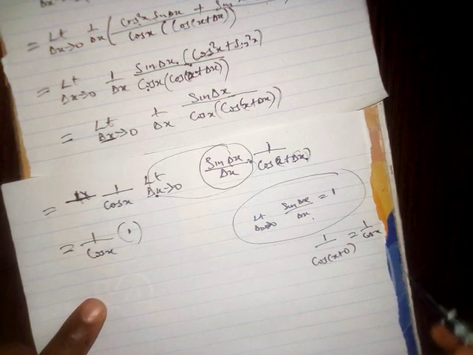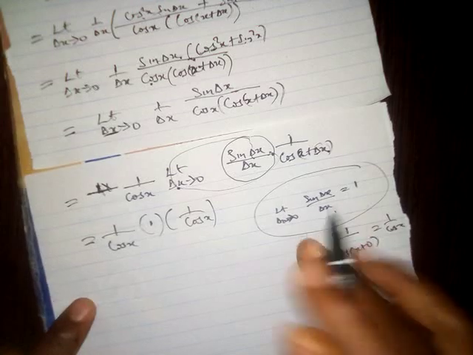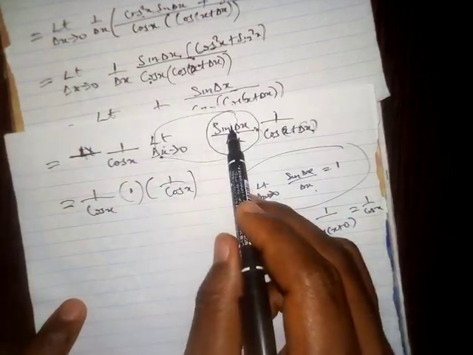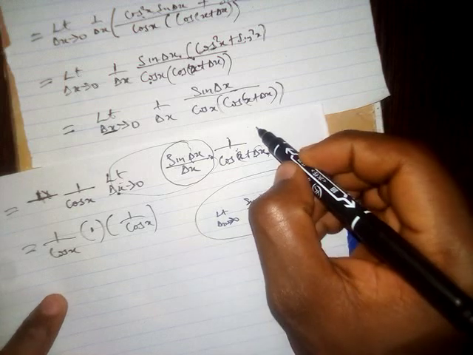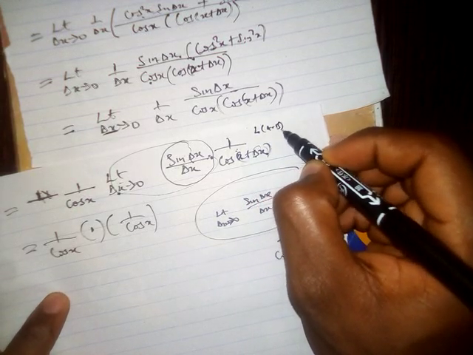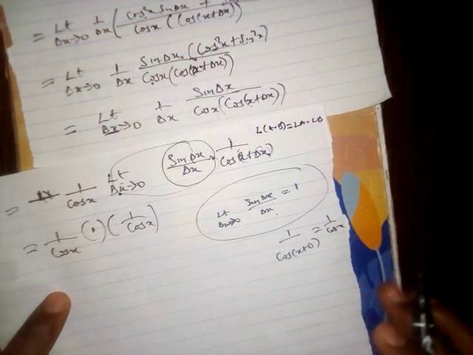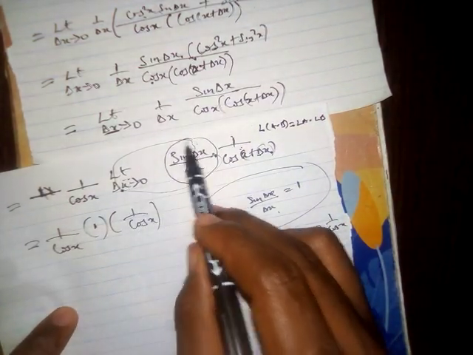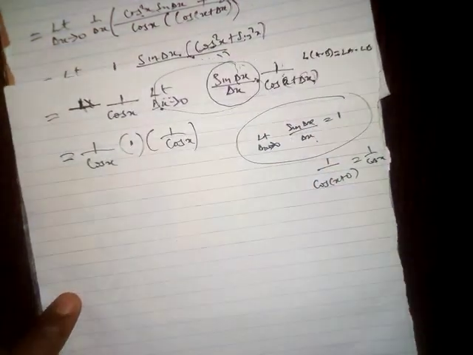So we are going to have this as times 1 over cos x. Now some of you might be wondering, why did I do the limit of this and the limit of this, and these two are multiplying? Remember your limit rule. If you have the limit of a times b, it is simply the limit of a times the limit of b. That's why I was able to do the limit of this times the limit of this. So don't get confused, please.